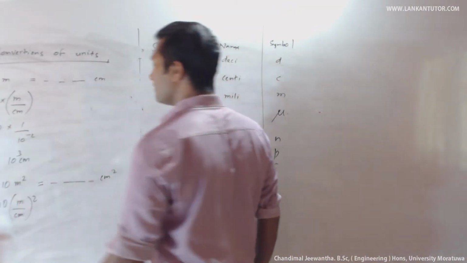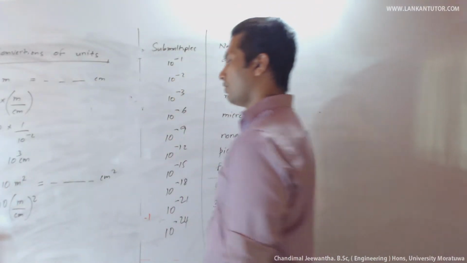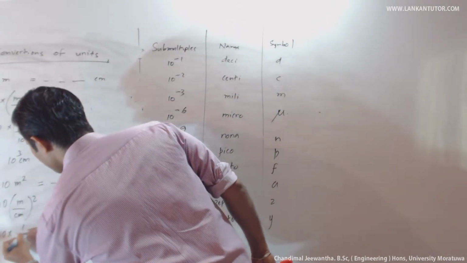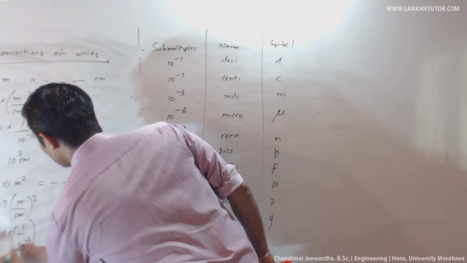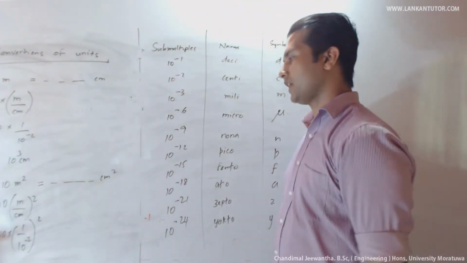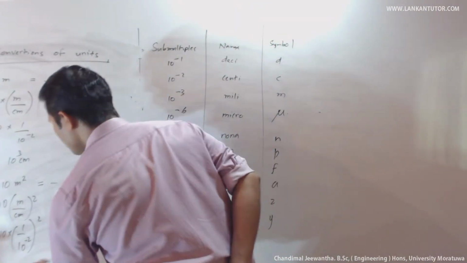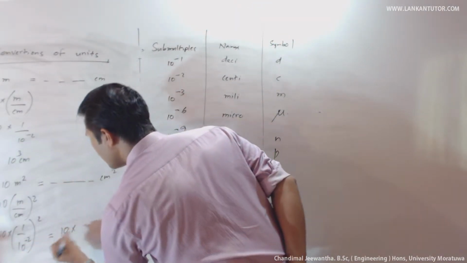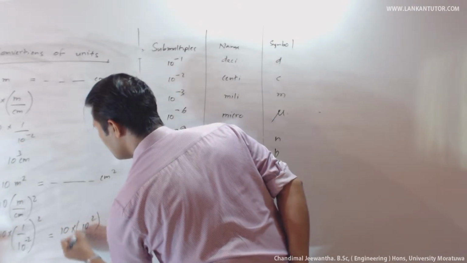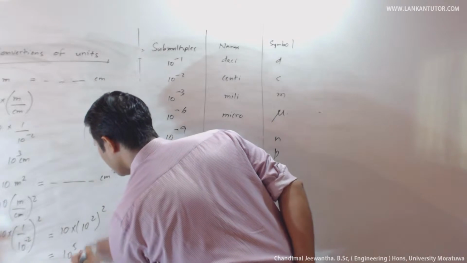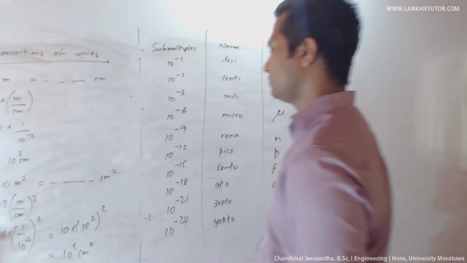Consider the power what they given. Centi is 10 to the power minus 2. It goes up. As a result of that, it becomes 10 into 10 to the power 2 square. Then final answer is 10 to the power 5 square centimeters.